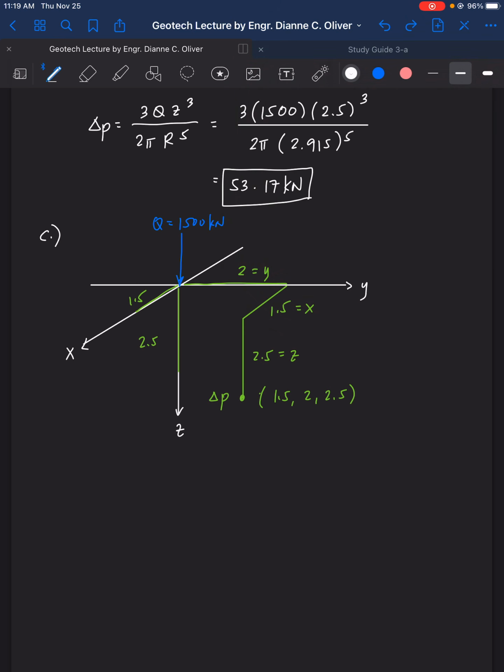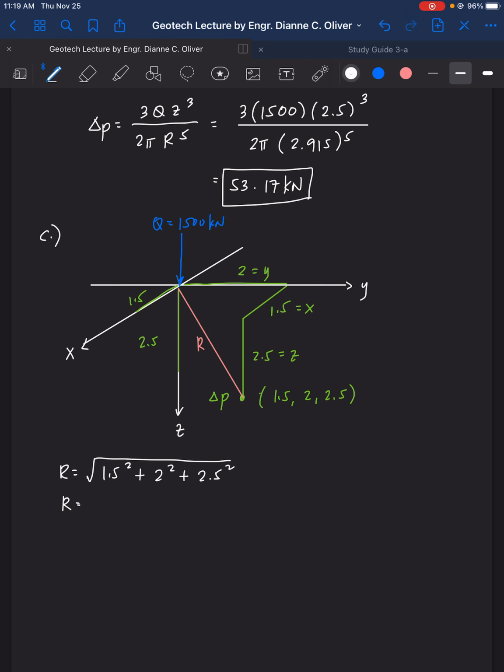So R is equal to square root of 1.5 squared plus 2 squared plus 2.5 squared.